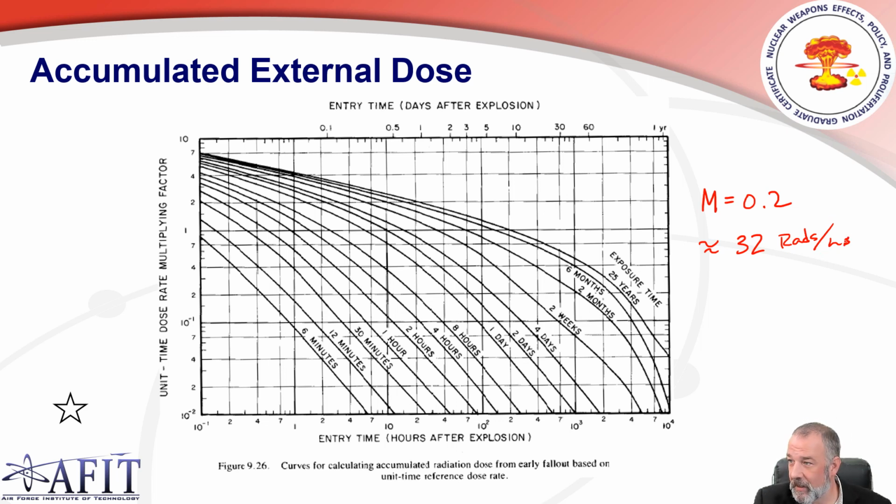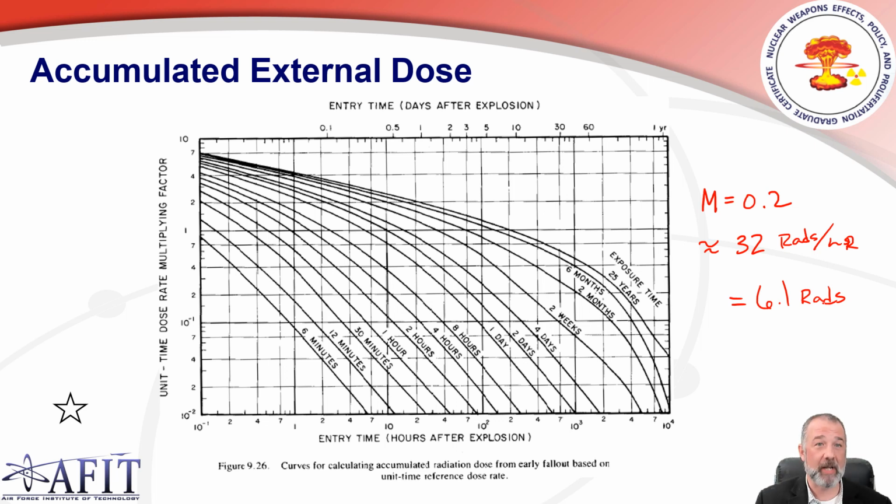Oh, that should be an R, not an S. Okay, so using my multiplication factor and the reference dose rate that I already have, if I multiply them together, we get 6.1 rads. So if we went in 6 hours post detonation, we stayed for 2 hours.